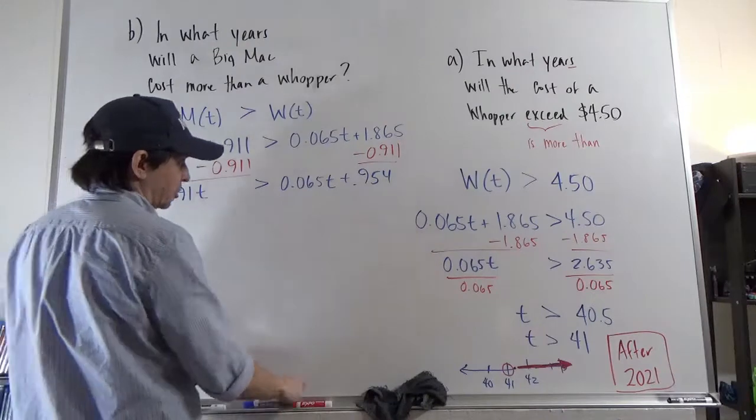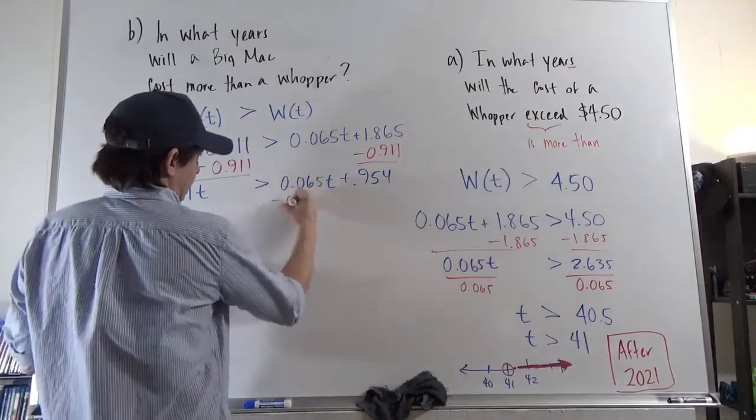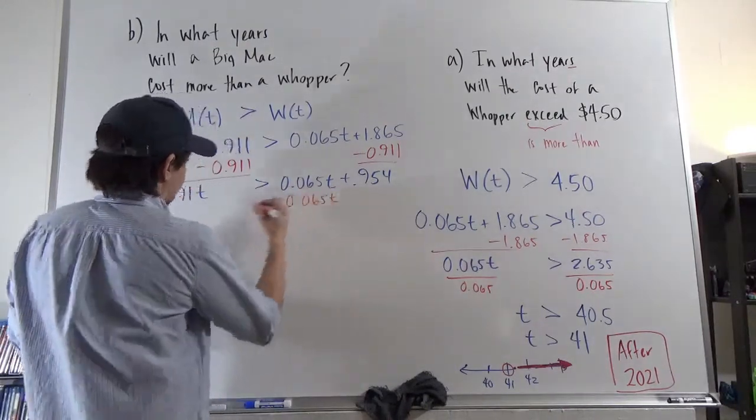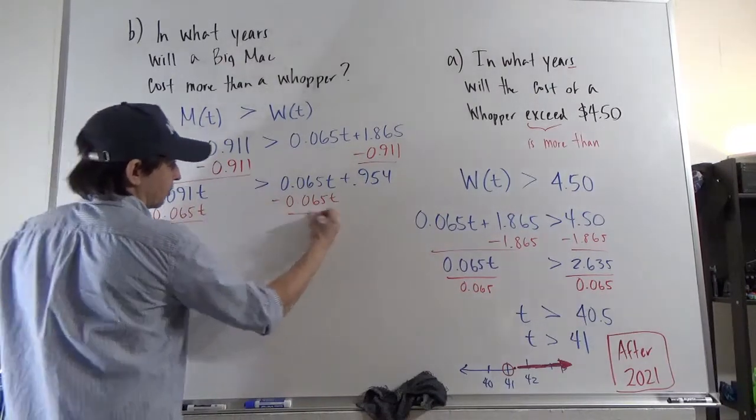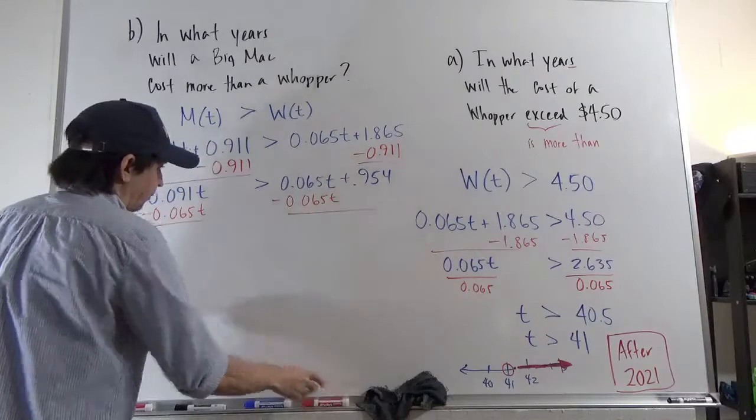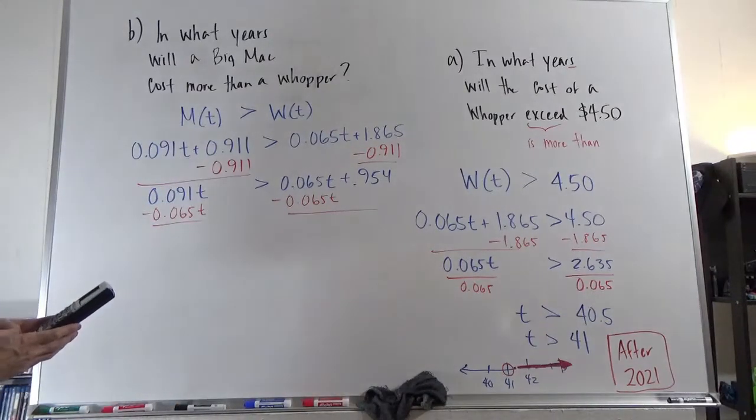I move my constants together on the right, and I get my variable t's over on the left. The way I'm doing it will not result in dividing by a negative, so I'll preserve the whole way. But if you do it differently, you may have to switch.